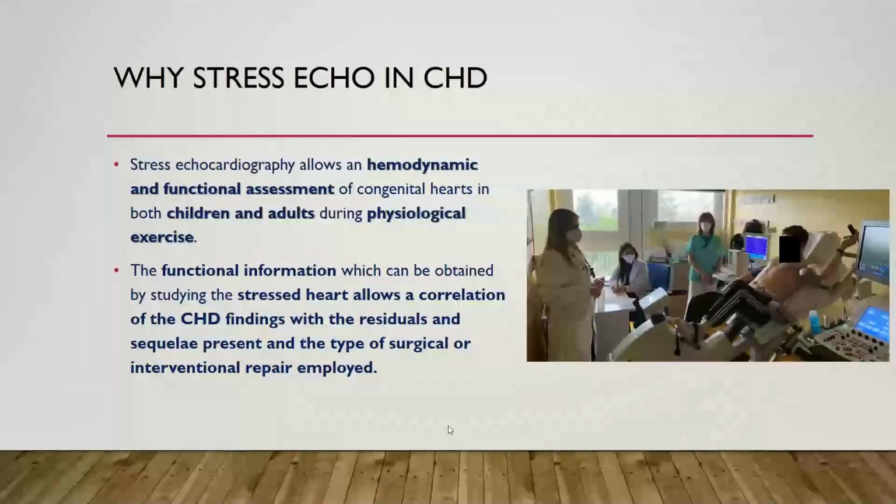The functional information, which can be obtained by studying the stressed heart, can correlate congenital heart disease findings with residual lesions or sequelae and the type of surgery or intervention that otherwise may not be so clear in the resting echocardiography.